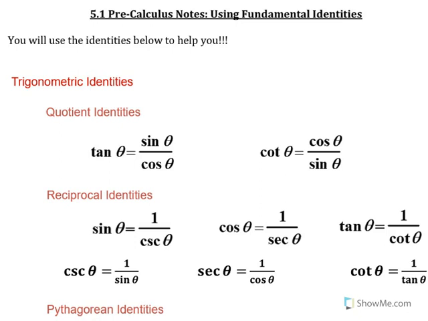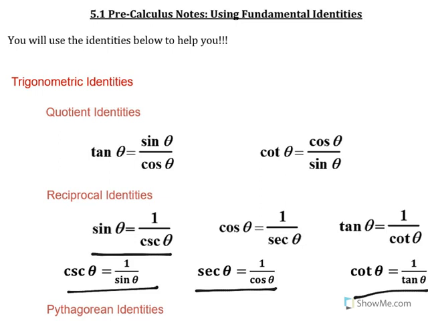Like I said, we know some of these. So some of the identities that we know are the fact that cosecant is equal to 1 over sine. We know secant is equal to 1 over cosine. And we know cotangent equal to 1 over tangent. In addition, we also know that sine of theta is equal to 1 over cosecant, because if cosecant is 1 over sine, then sine is 1 over cosecant.